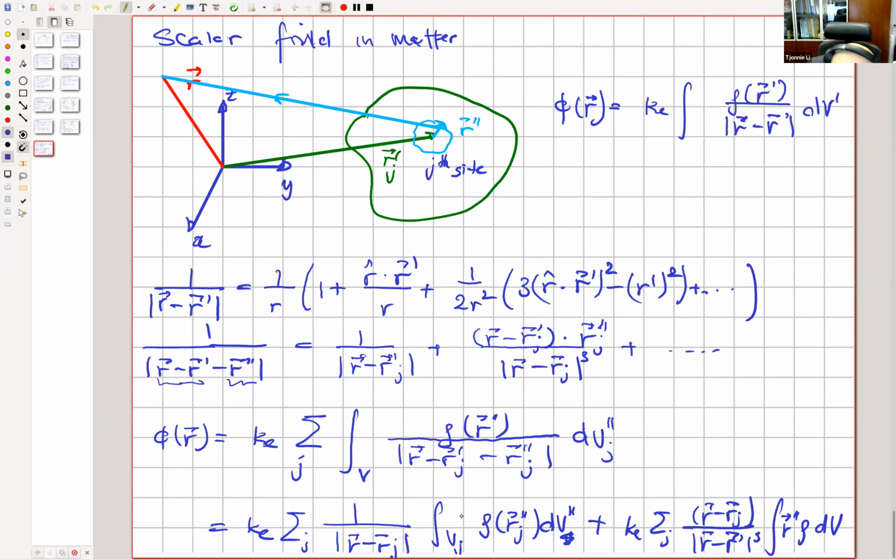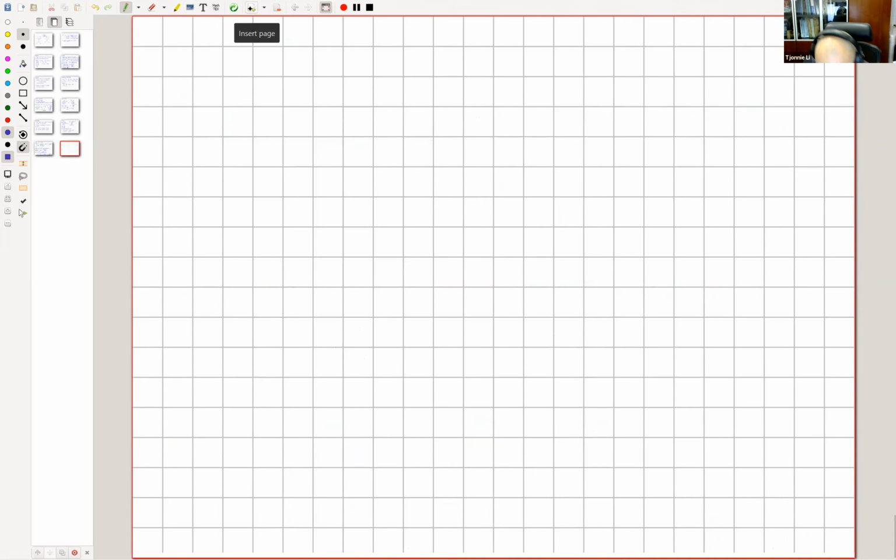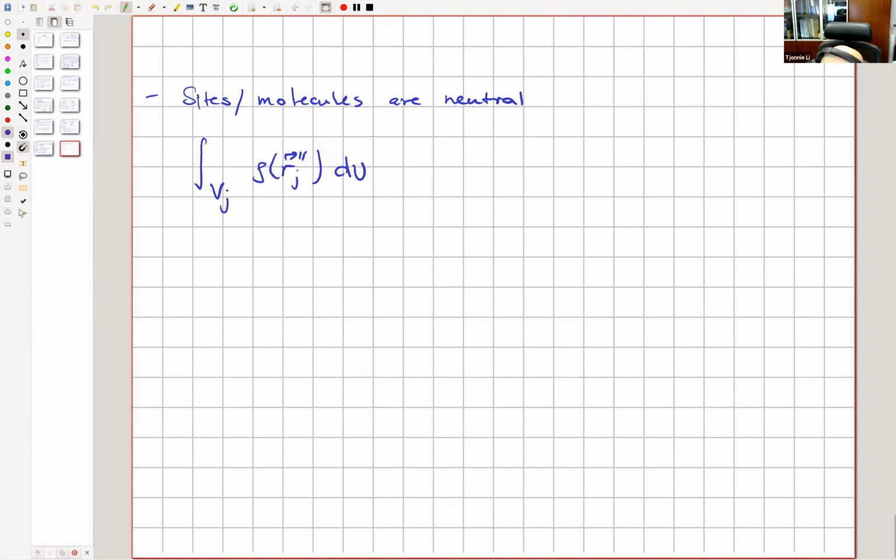Okay, so now in this case, what I want to assume is that the individual molecules themselves, the sites of molecules, are neutral, in such a way that the integral over Vj of rho of r double prime j dv double prime equals 0.